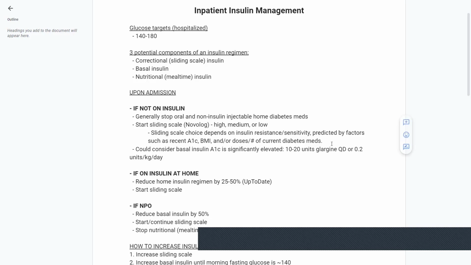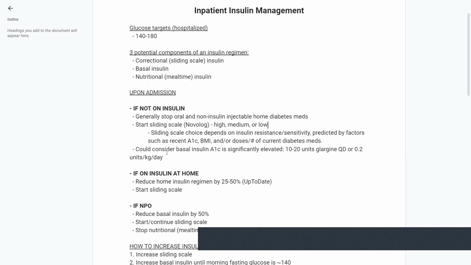Say they come in on 5 different diabetes meds all at the max dose, and their A1C is still like 11, then they're probably super insulin resistant. So you'd start them at a high sliding scale.